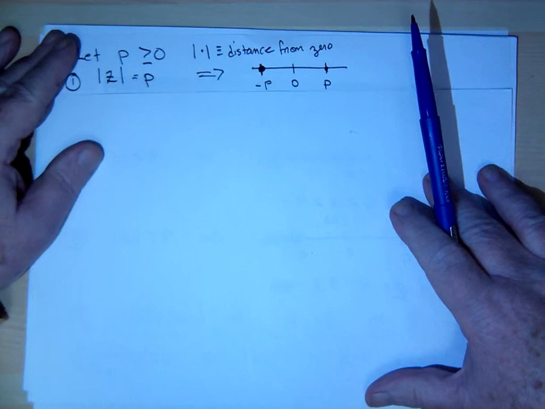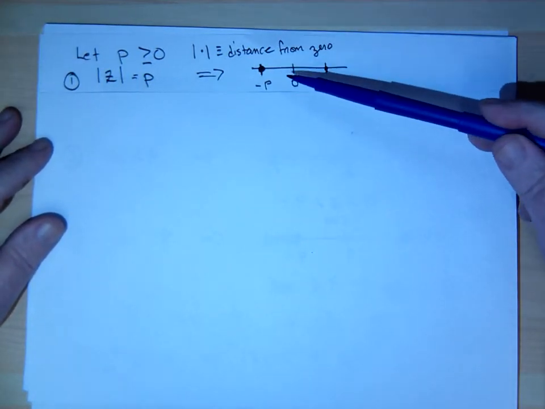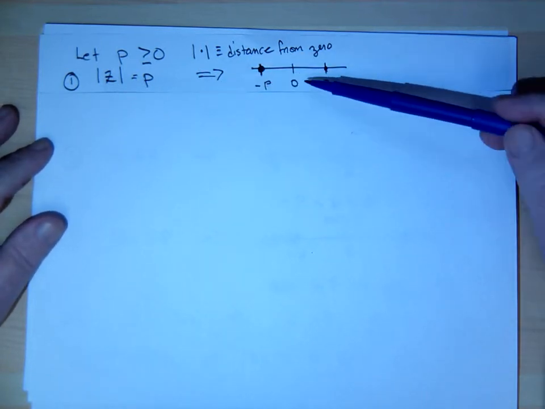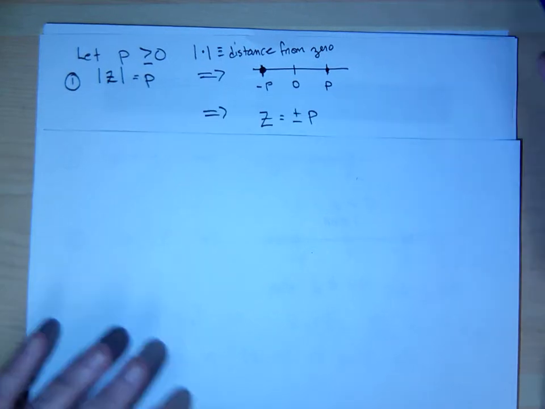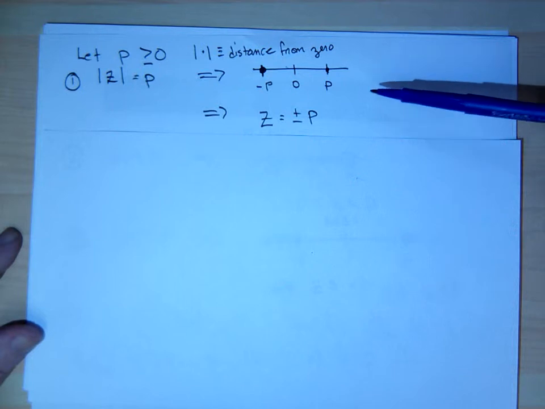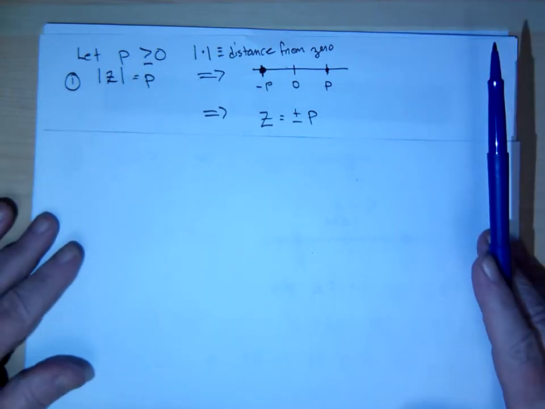That means that if I were to say that the absolute value of z is equal to p, that means that z is exactly p units away from 0. So z could either be plus or minus p on the number line. It could go either way, right or left, and so z could be plus or minus p.